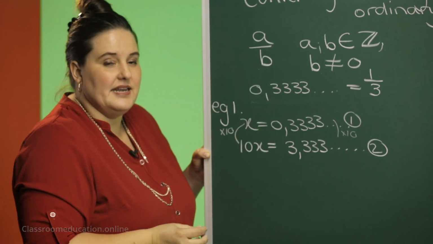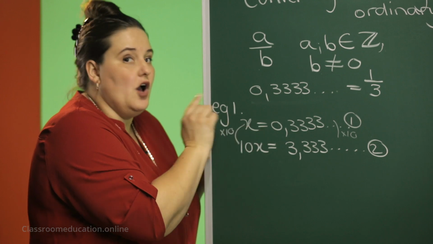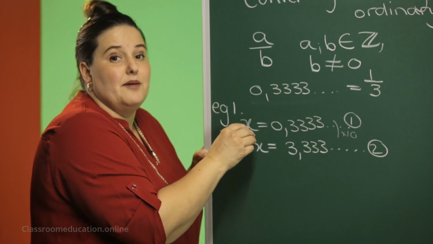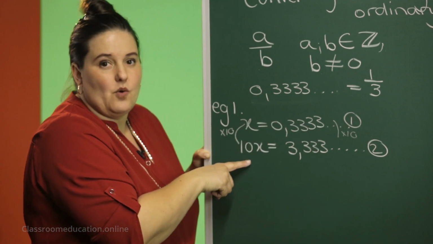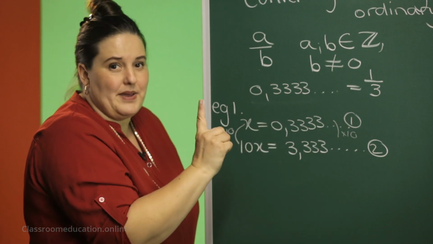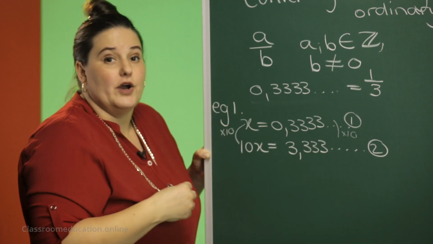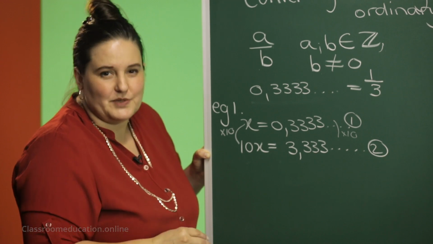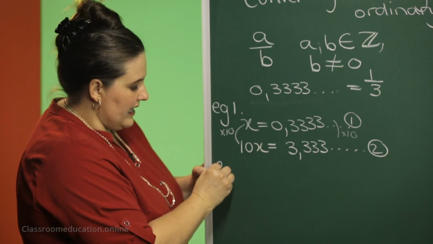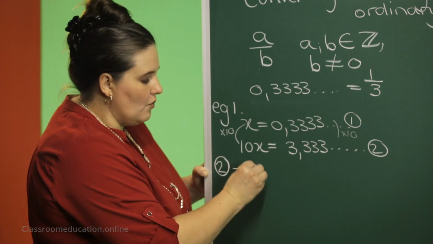Now, very important, I have one equation that consists only of the recurring part on the right-hand side of the decimal. And I have another equation that has one pattern on the left-hand side of my decimal. So what do we do next? Now we are going to get the difference between these. So we're going to say equation 2 minus equation 1.